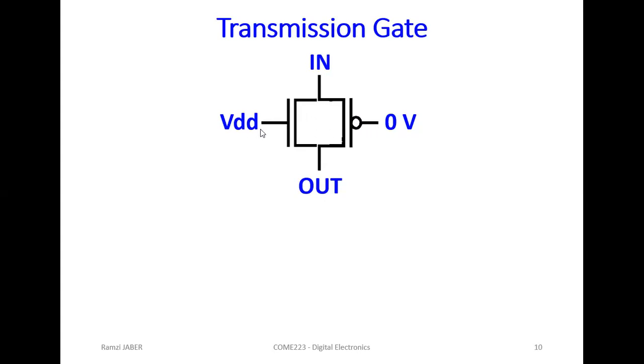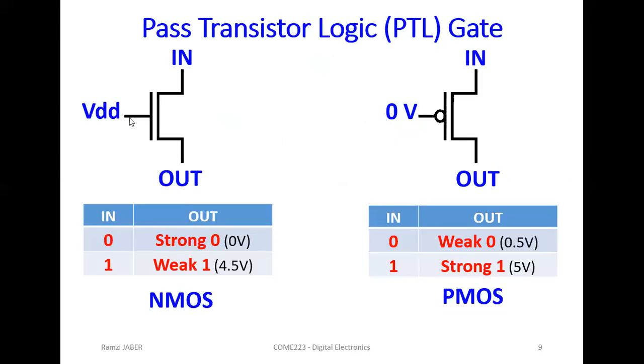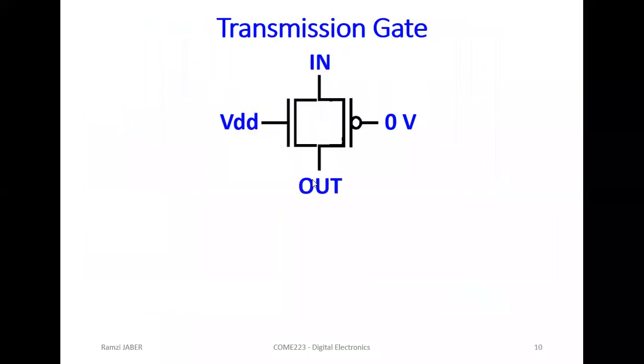Both transistors must be turned on together or turned off together, else we return to this state and get a weak signal. To get a strong signal, we need to activate the two transistors, P channel and N channel, together to be on or off.